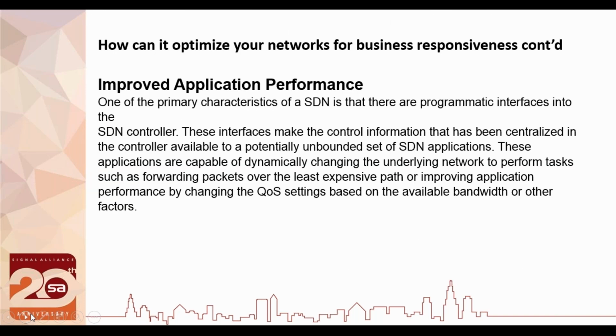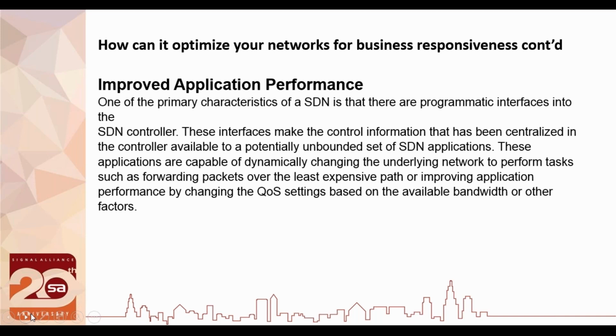So all of these that I've said, how can it improve your application performance? Just like I just explained, if you could have dynamic quality of service settings in the entire architecture, in the entire infrastructure, from your branch offices down to your data center, or from your branch A to your branch B, depending on the mission critical or business critical applications and services that you render.